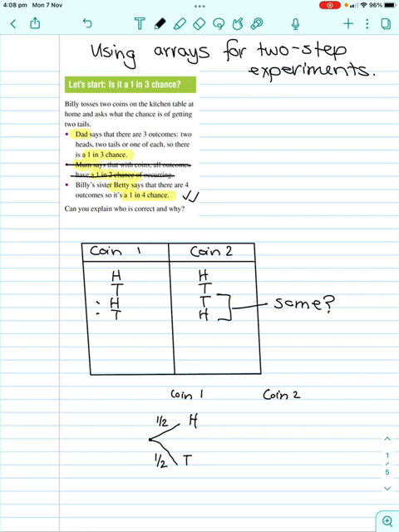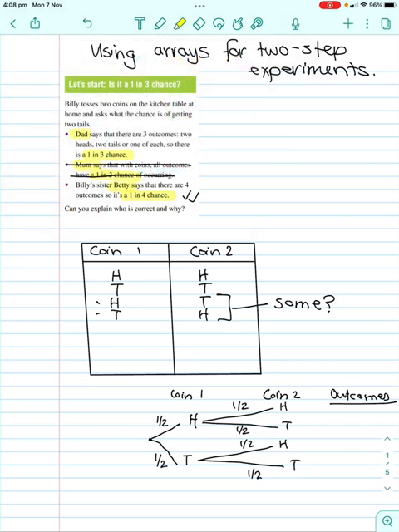But then we draw our lines from coin 1 to coin 2. And coin 2 has head or tail, head or tail. So they're the possible options. So we actually then put the outcomes on the end. I forgot to put in the probabilities. They've all got a 1 in 2 chance as well.